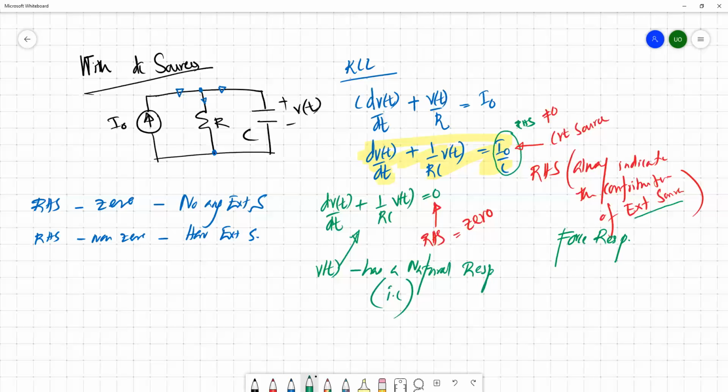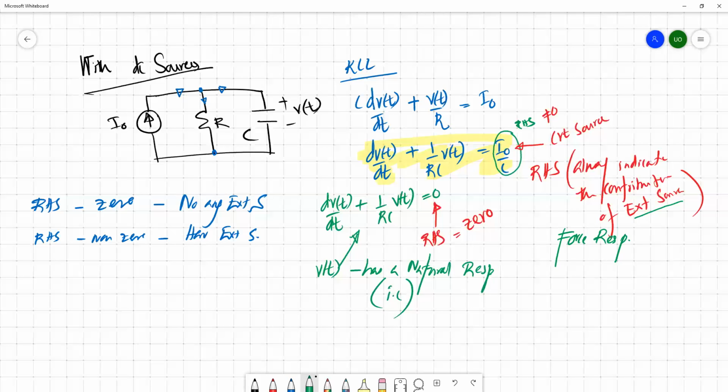Forced response means that once you plug in the external source, it forces the circuit to behave according to its value. If you connect a charged capacitor or inductor to the circuit, naturally the circuit behaves according to the capacitor's initial condition. So it becomes a natural response.